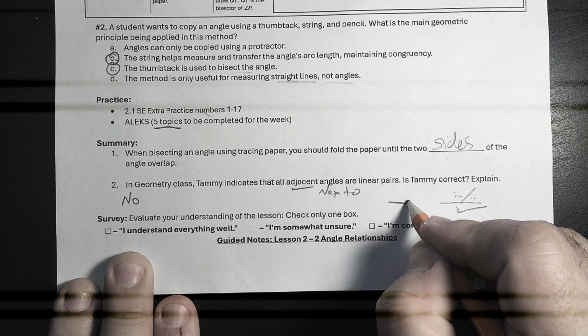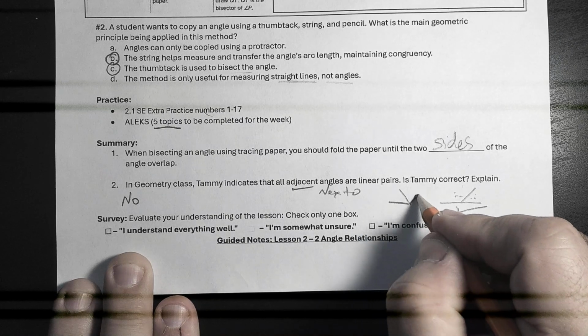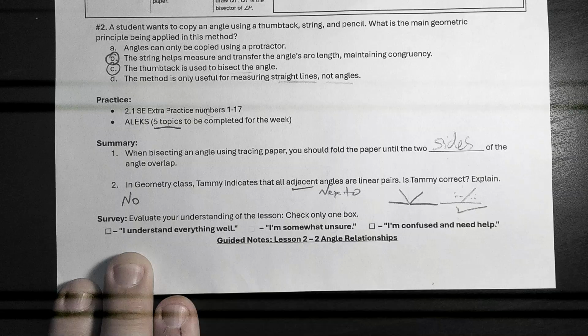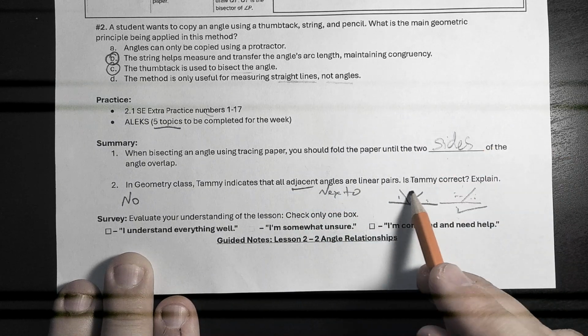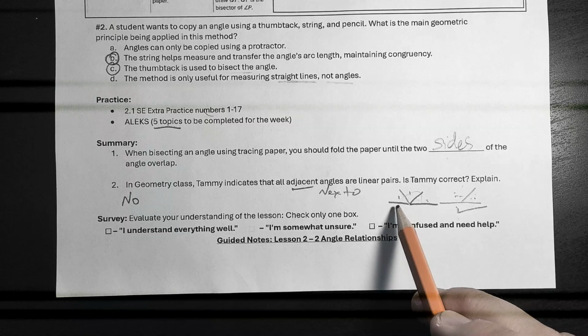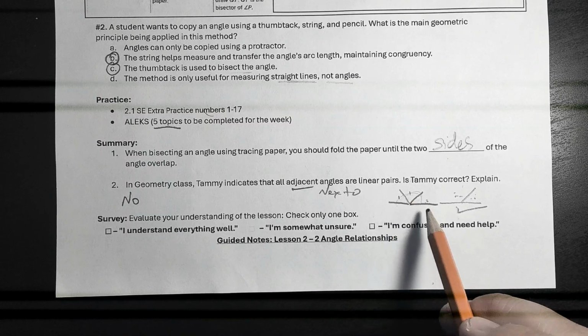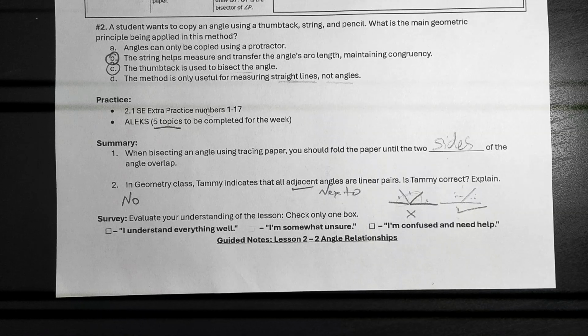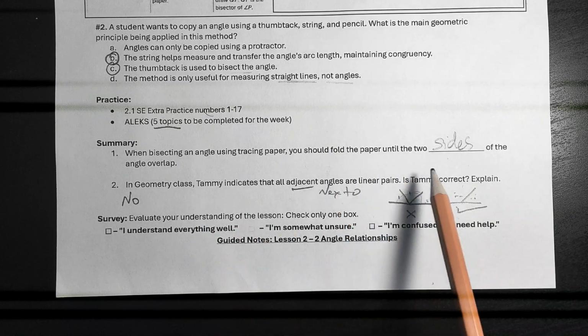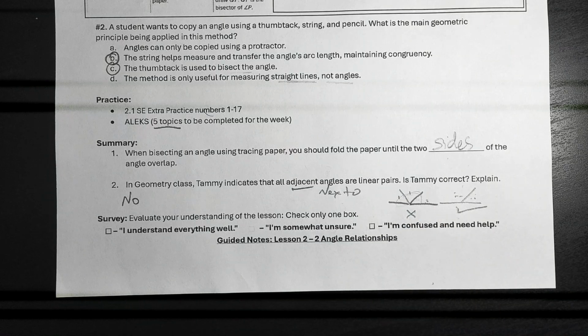But what if it was here and there's another one and this? Well, these 2 are adjacent, but they don't make the linear pair because this is a linear trio. It didn't make a full line. So that's what makes that no. I know they want you to explain. Well, that's how we explained.